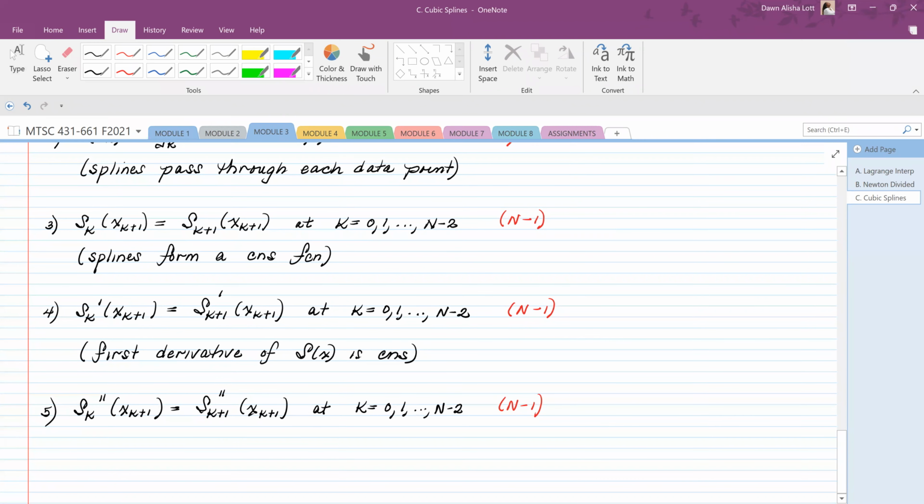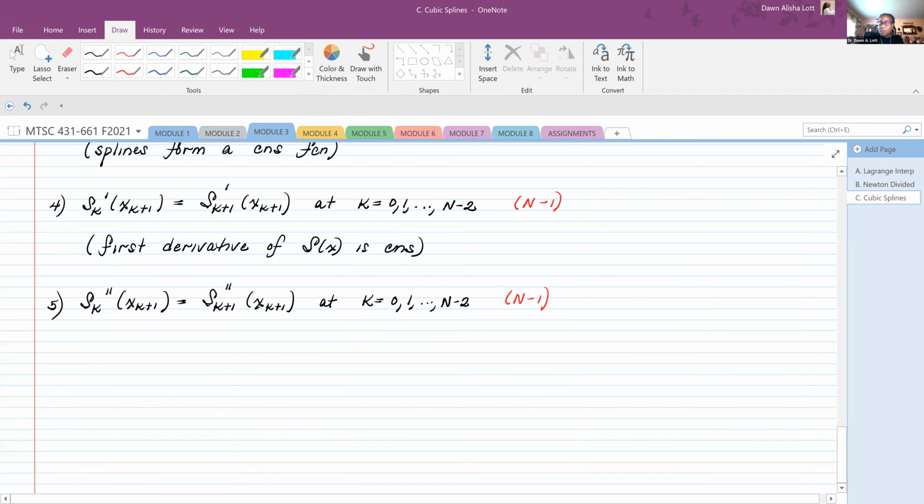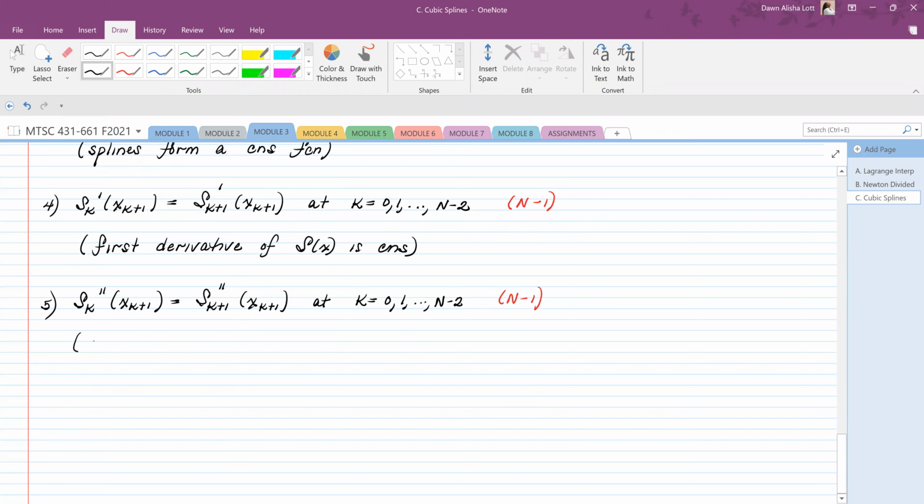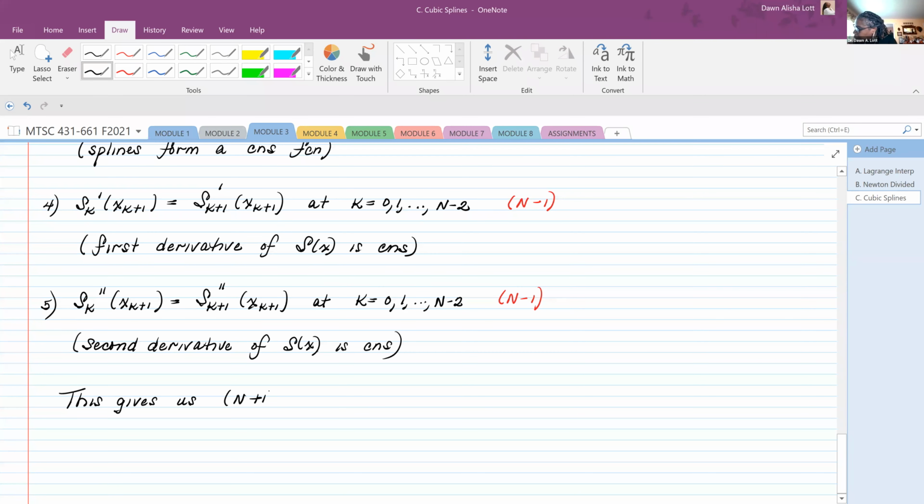Okay, so this one says the second derivative. So now that gives us n plus 1 plus n minus 1.